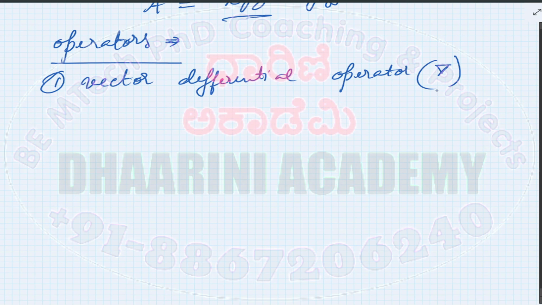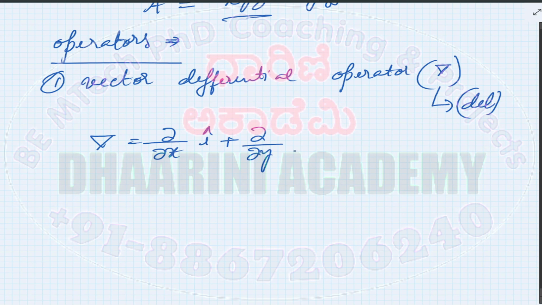Okay, this is what we call the del operator, right? That is defined in the following fashion: del operator is equal to dou by dou x into i cap plus dou by dou y into j cap plus dou by dou z into k cap, because the last operator has to be the z axis. So you can see that we know there is a sigma operator, summation.